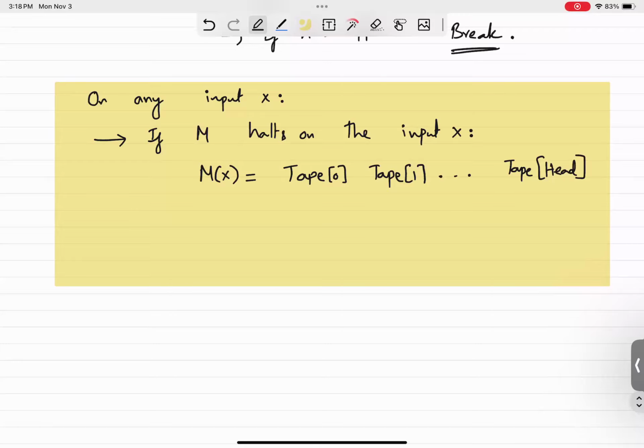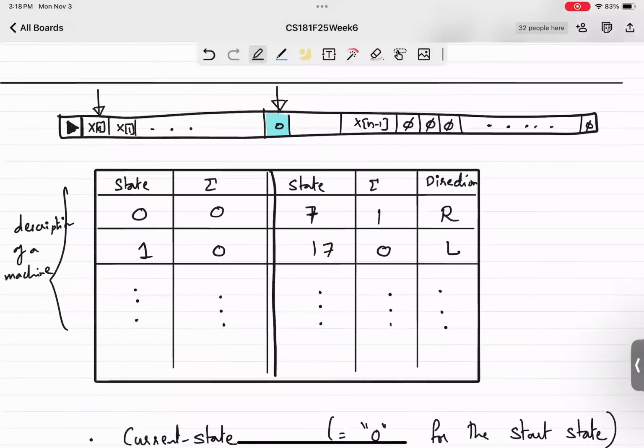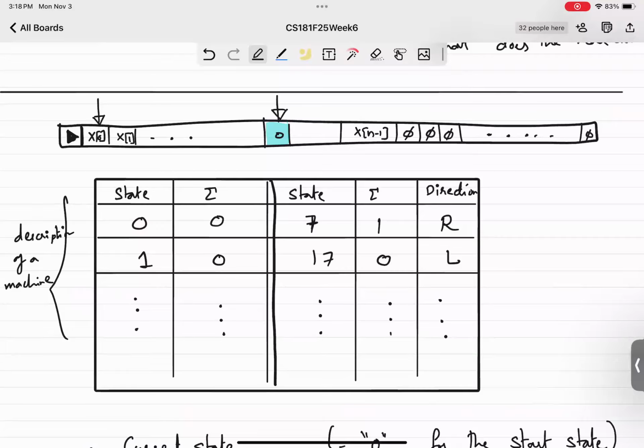Okay, again, this is a convention. So imagine I run my machine throughout and I hit the halt state here. Then the output is basically whatever is written until and including where your head is currently.